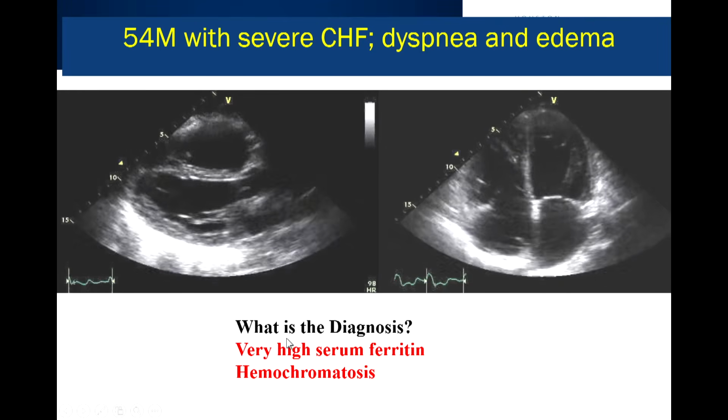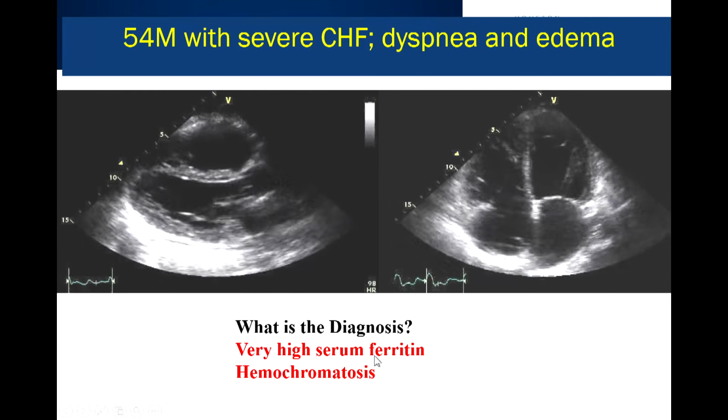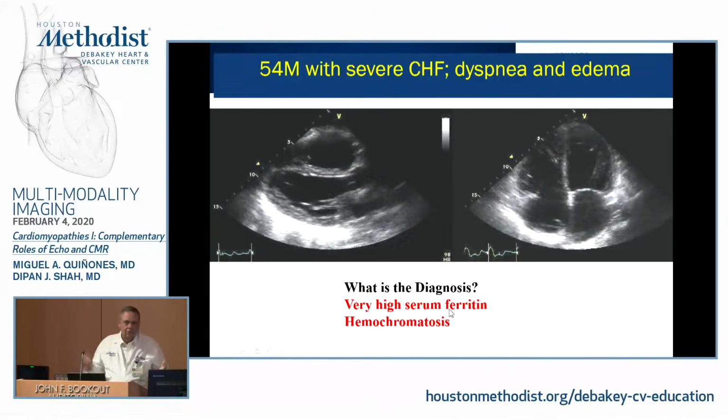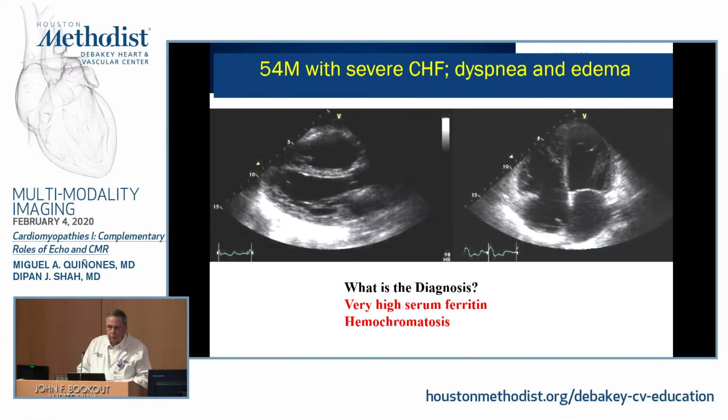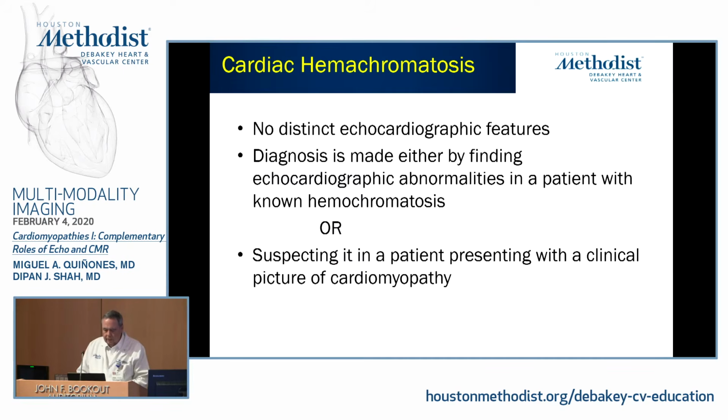All right, so we go back to very high serum ferritin. So now, of course, now you know. And in fact, I think that, obviously CMR can be extremely, extremely helpful. But once again, this is a disease that has no distinct echo features, okay?